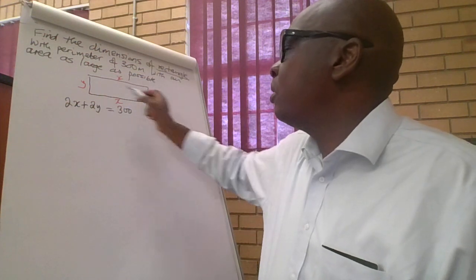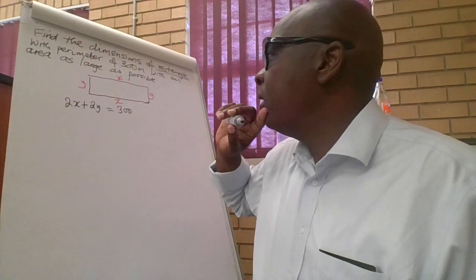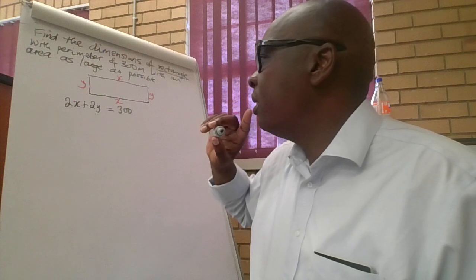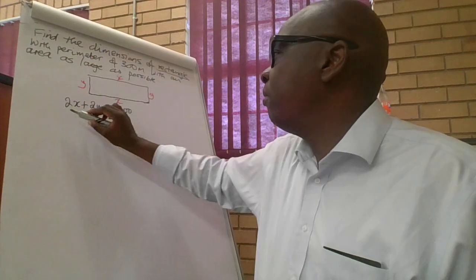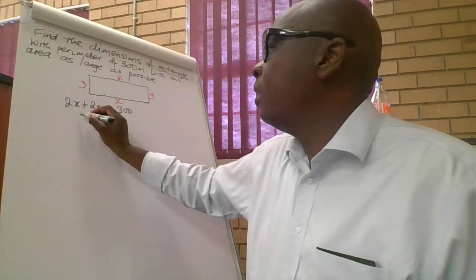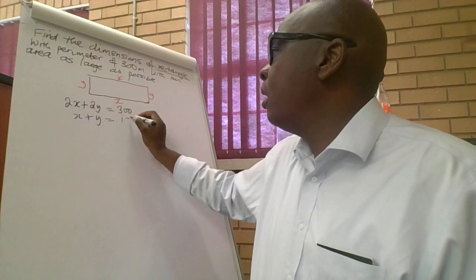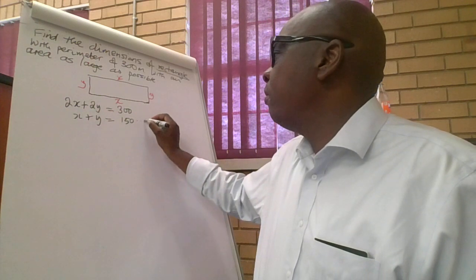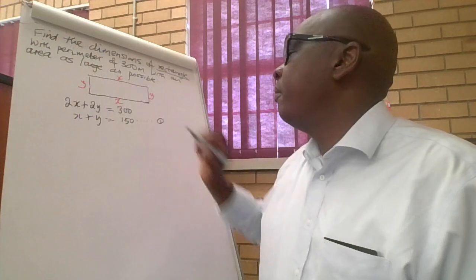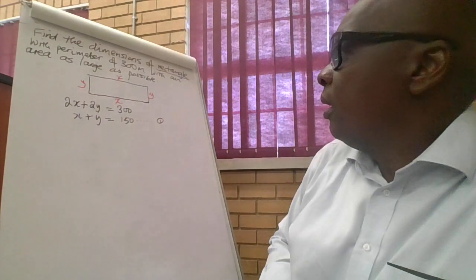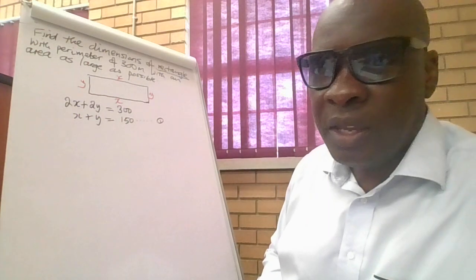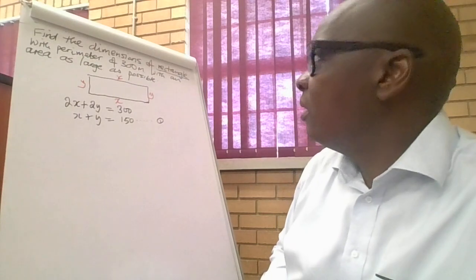These two sides plus those two sides should give me 300. And if I divide throughout by 2, I can have this as x plus y is equal to 150. So if I call this equation number 1, I've formulated an equation from the information there.